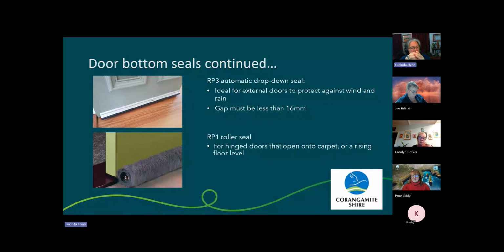When the door closes, it hits up onto that camshaft and it pushes that seal down, which gives it a really good draft proofing effect. But while it's not being pushed down, it's actually quite high, so it can go over treads and all sorts of things. So that's a really good one. But it is for a gap less than 16 millimeters, so it won't work for everything.